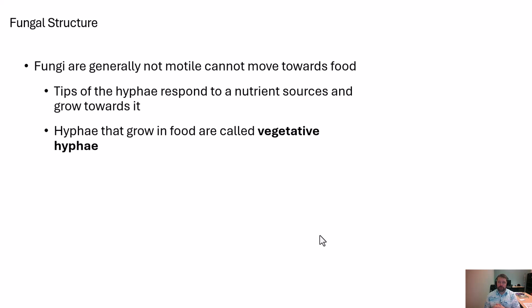Much like a plant that's rooted in the ground and its roots grow towards a water source or a nutrient source, fungi are similar in the sense that the hyphae will travel towards a nutrient source, and the hyphae portions that are traveling towards that nutrient source and have the ability to digest it and excrete enzymes to do so, we normally call those vegetative hyphae.